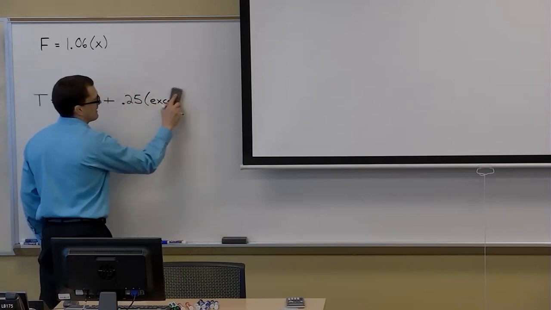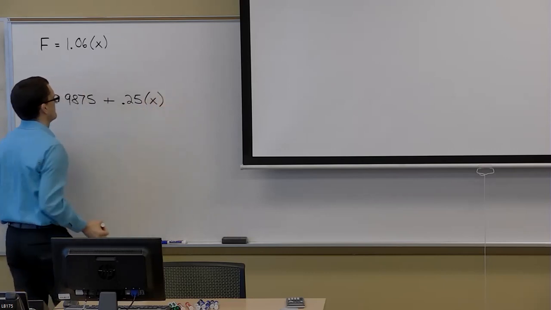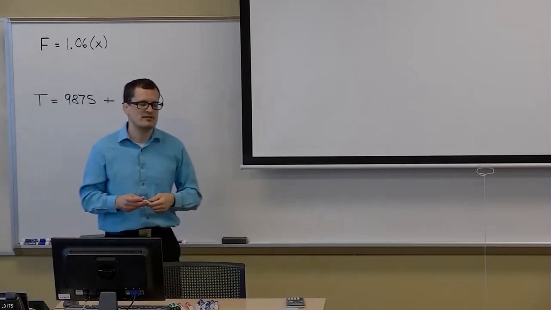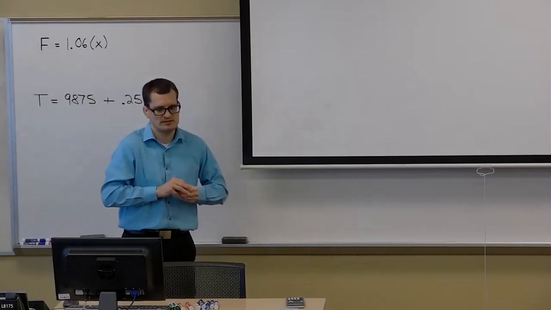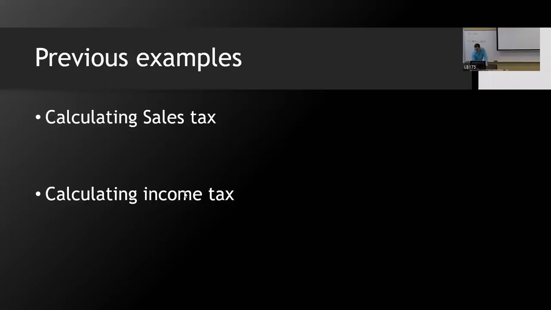Well, if I call the excess over a certain number just X, that's a linear model. So within the confines of one tax bracket, we had a linear model. Within the confines of knowing what the sales tax was in a particular equation, we had a linear model. That's what I mean by we've seen some previous examples here.